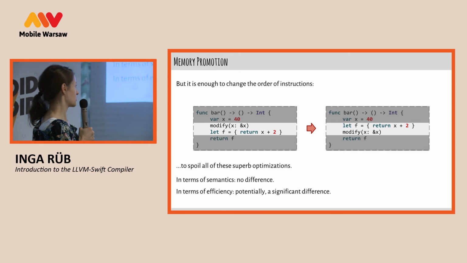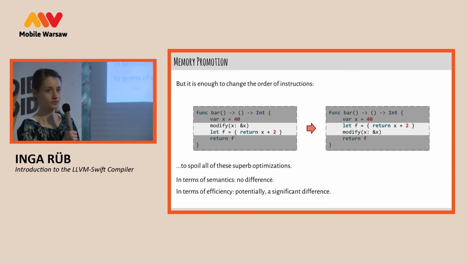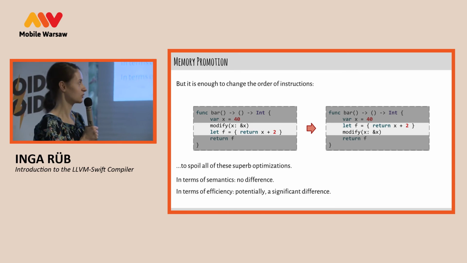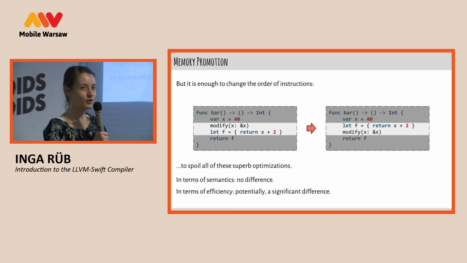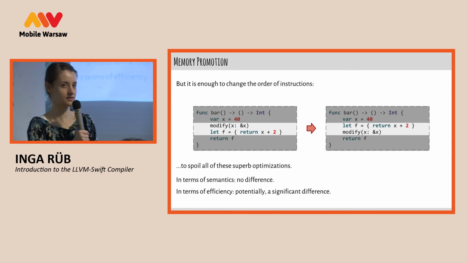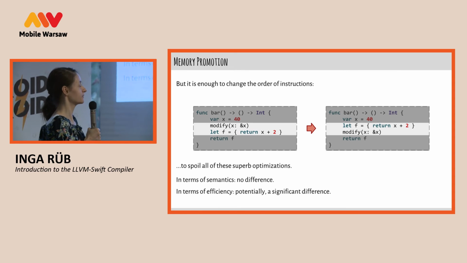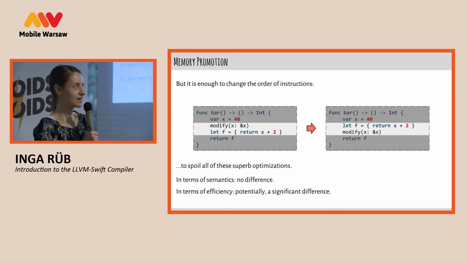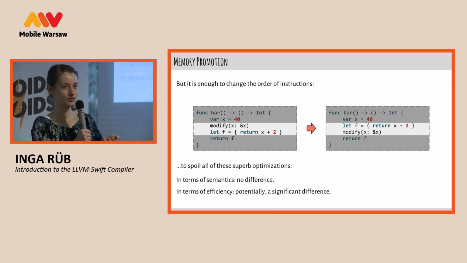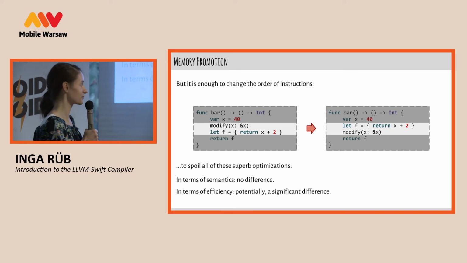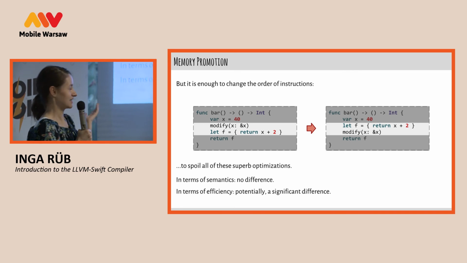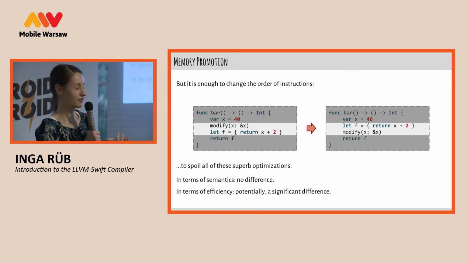But when it comes to the result that is returned by this function, when it comes to the meaning of this code, it is exactly the same. But now we don't have this assumption. The compiler knows that the variable x will be modified, and it won't optimize the code in such a way as it was before. So just a single thing, such a simple thing, can spoil all these optimizations.